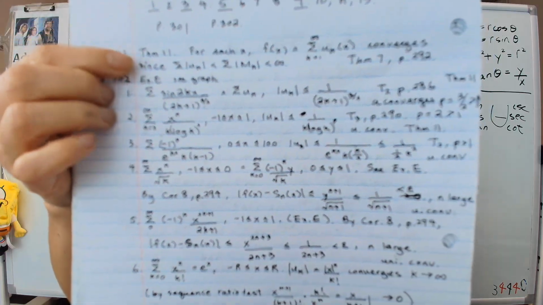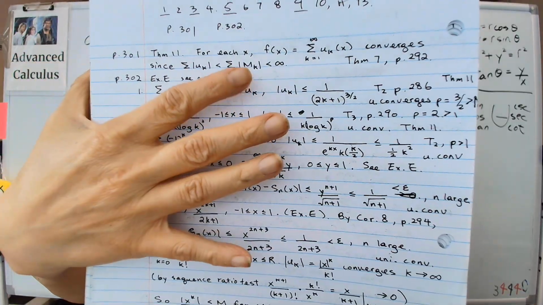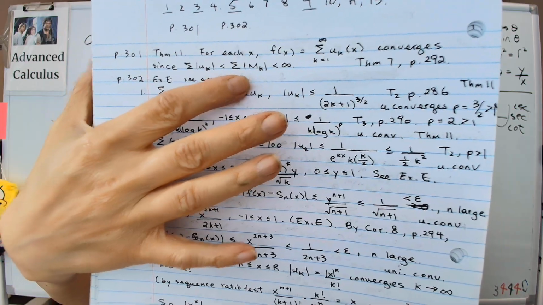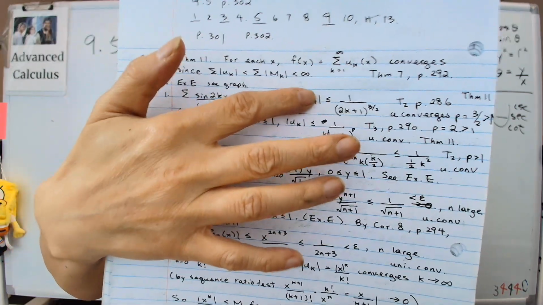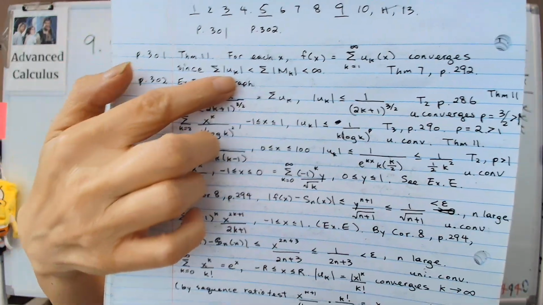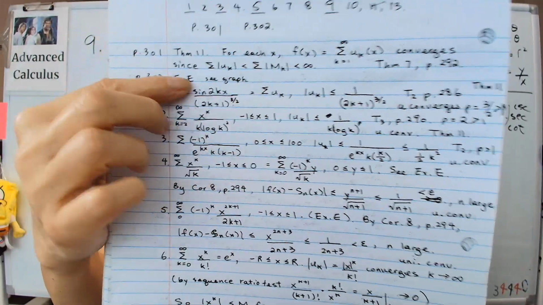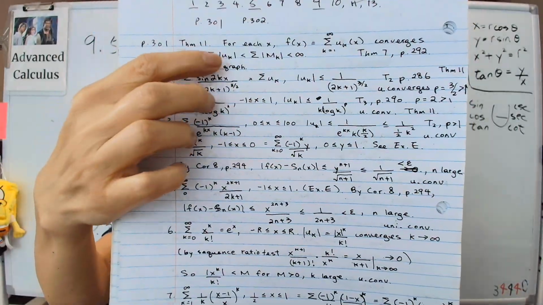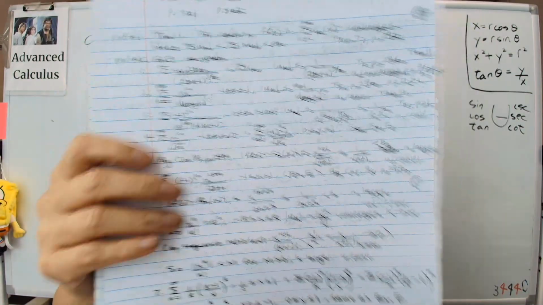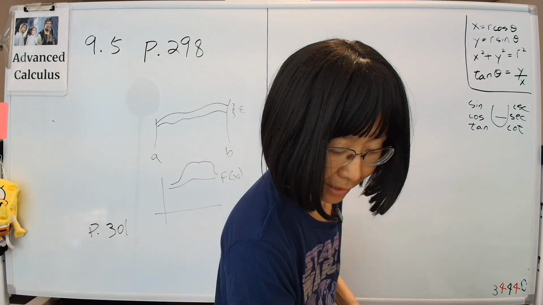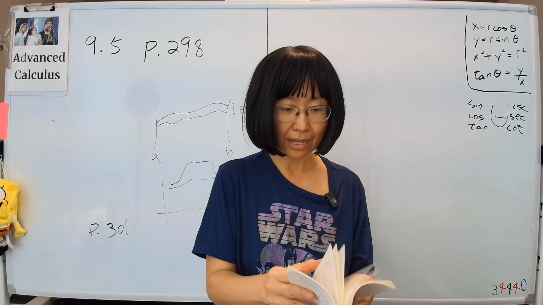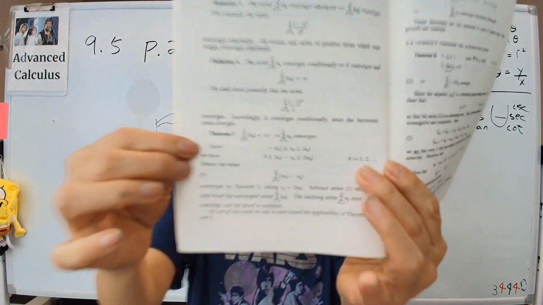It converges because each u_k is less than M_k, right? And the sum is then less than the sum of M_k, which we're given to be convergent. So a series that's less than a convergent series is automatically convergent, but this has absolute value in it. Now Theorem 7 on page 292 says if something converges absolutely, then it converges, and that is what we're using to prove this.